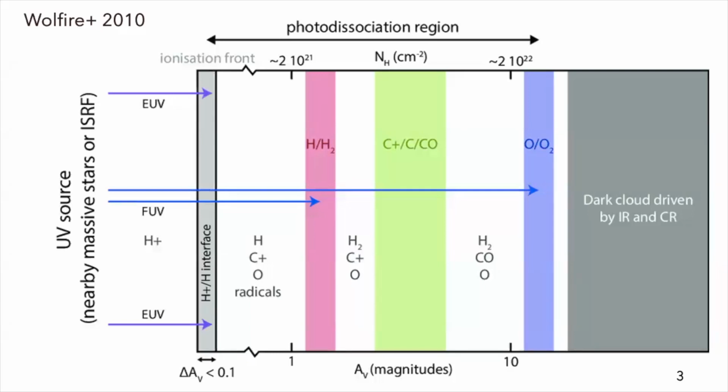Molecular hydrogen is destroyed by far ultraviolet radiation, which is absorbed by the molecular hydrogen lines, getting excited up into the Werner or Lyman bands, and then 15% of the time when they de-excite, they go down into an unbound high vibrational state, which destroys the molecule and returns those two hydrogen atoms to the atomic gas phase. Because of that FUV radiation, you require a self-shielding layer to protect the molecular hydrogen that forms inside that.